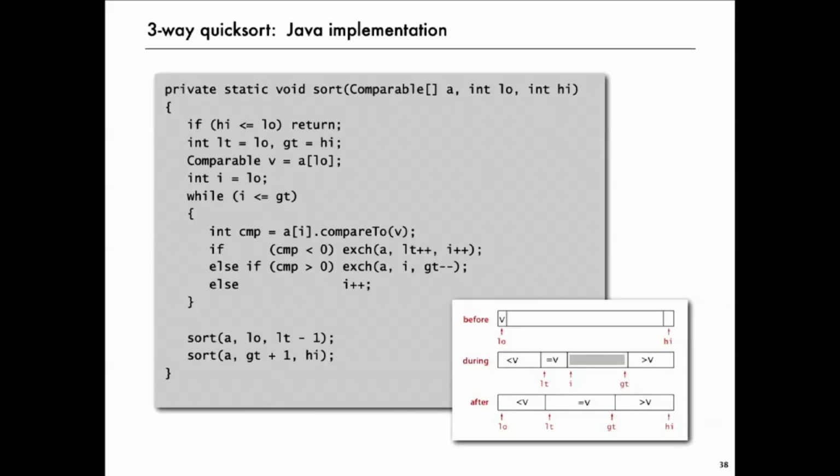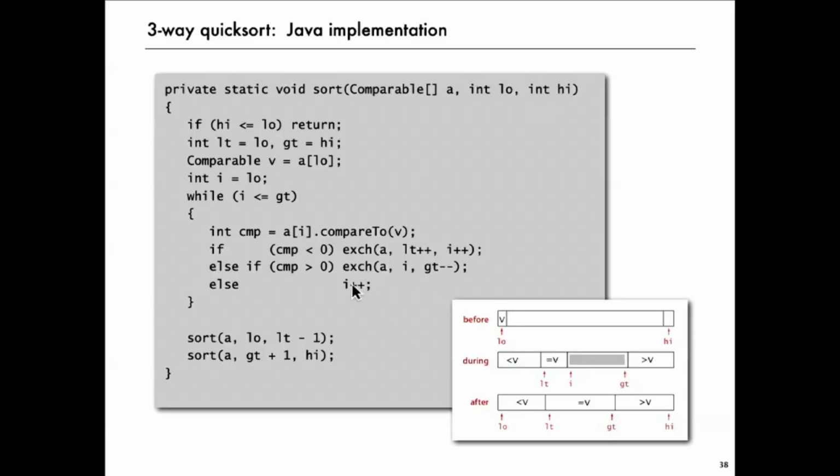The implementation is amazingly simple. The whole partitioning process for three-way partitioning in a modern programming language like Java simply maintains the invariant as described in the demo. If we find one that's less, we exchange I and LT and increment them both. If it's greater, we exchange I and GT and decrement that.